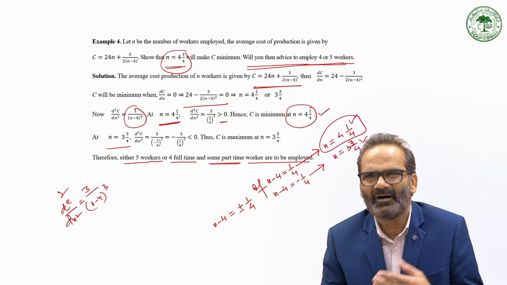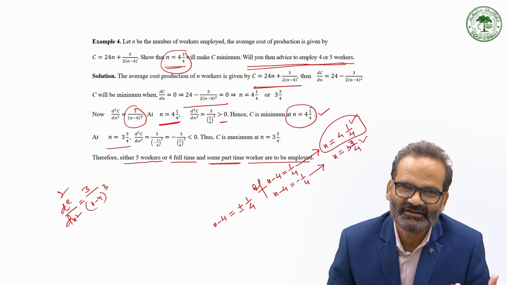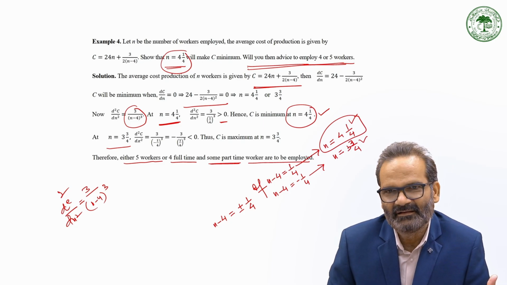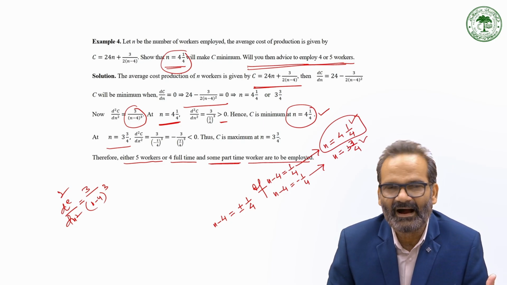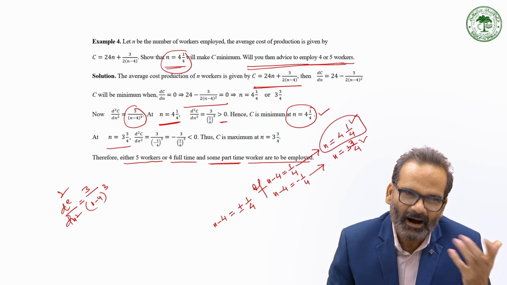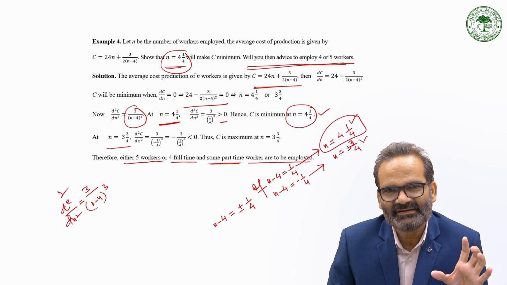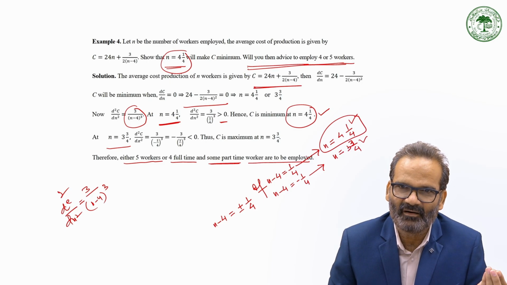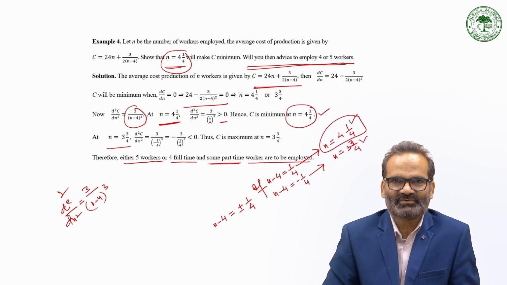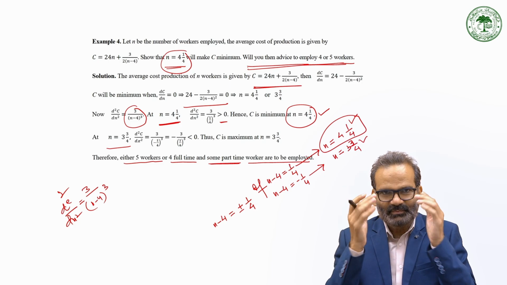So 4 and 1 upon 4. In terms of human beings, we can say they can be considered either as 5 workers, or 4 workers in the complete sense and 1 worker part-time. So this is how you can decide how many workers should be employed.